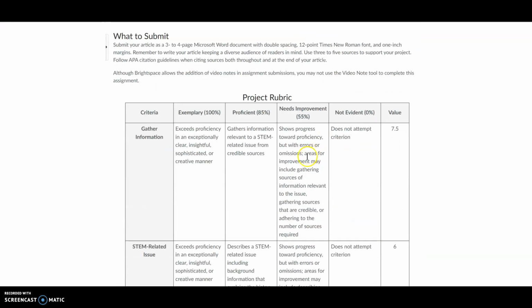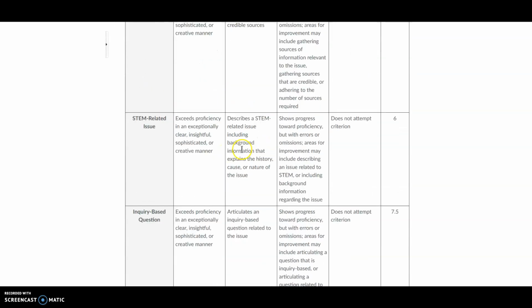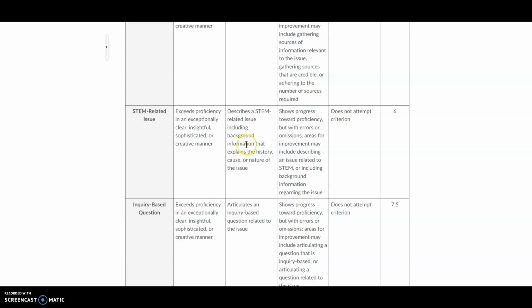The other thing that you want to make sure that you do is use the rubric as a checklist. Each part of this rubric should be present in your paper, and this is how you're graded.